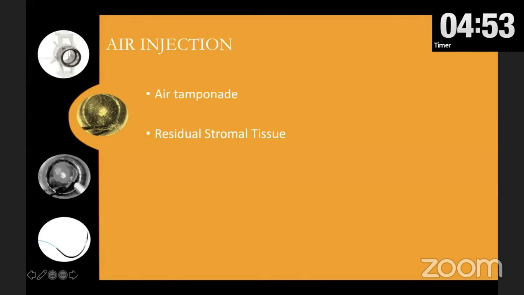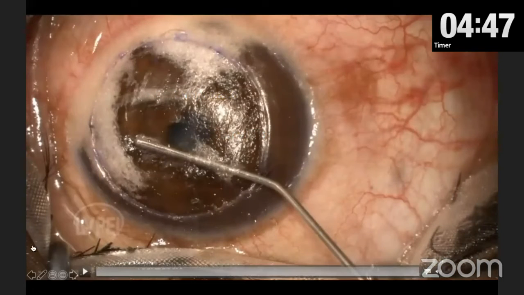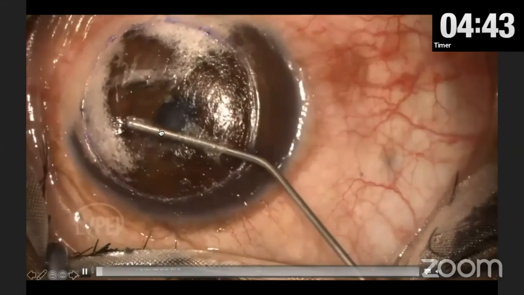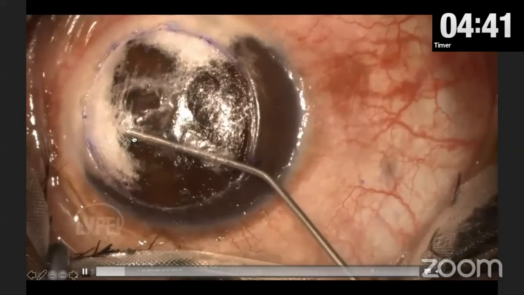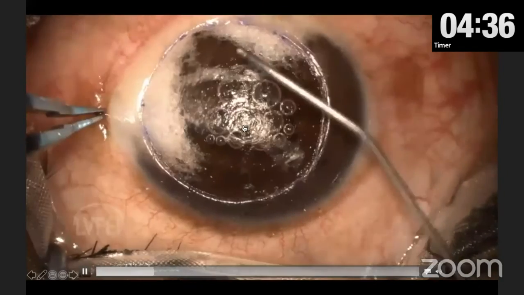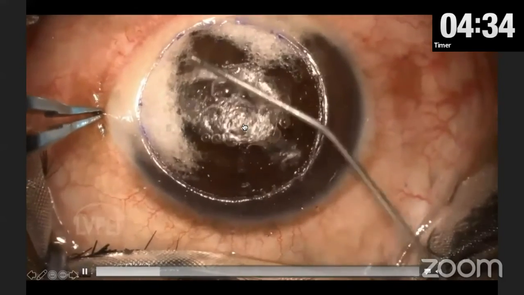Perforations that occur during injection of air can be managed either with an air tamponade or by leaving behind some residual stroma. Here in this case, attempts have been made to form a big bubble. During this attempt where air is being injected, we can see it is escaping into the anterior chamber. The bubbles are freely mobile.